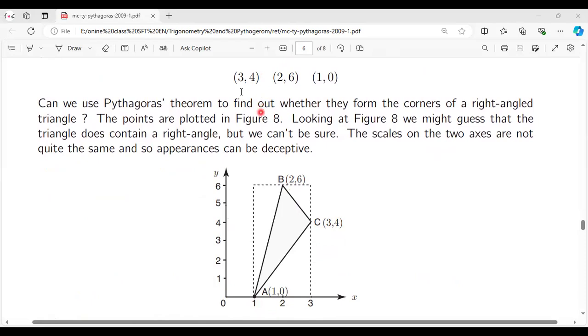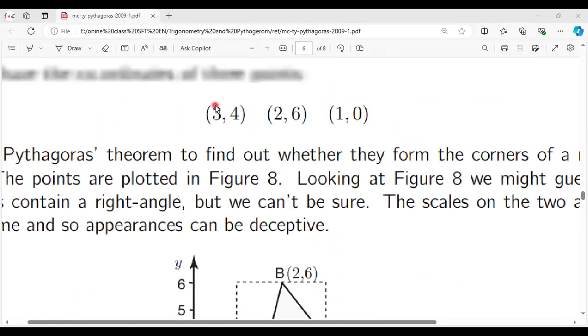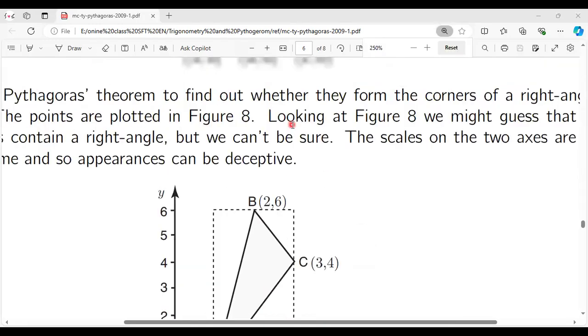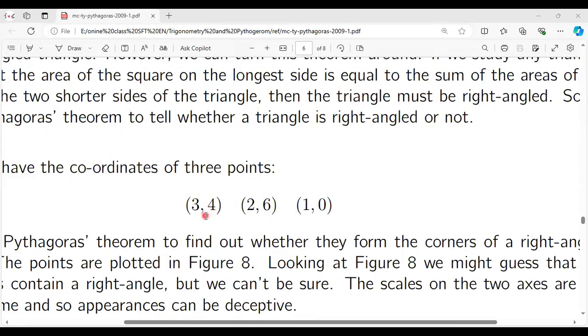So these coordinates are 3, 4, 2, 6, and 1, 0. So always remember the first number is the x-axis number, then the other one is the y-axis number, right?